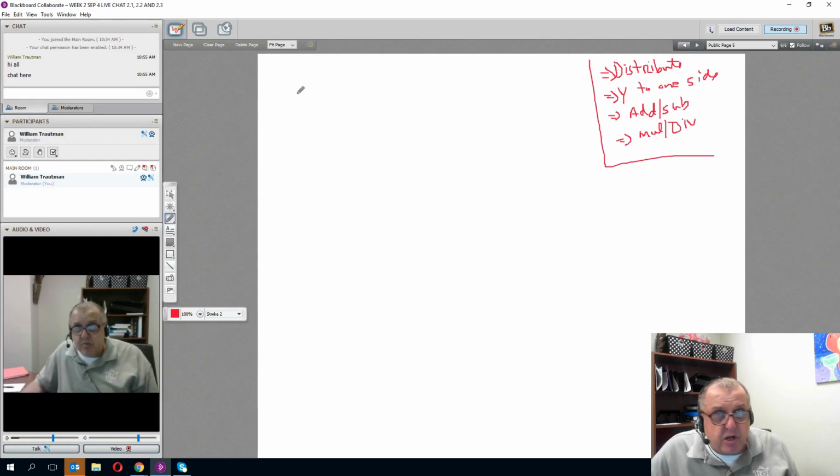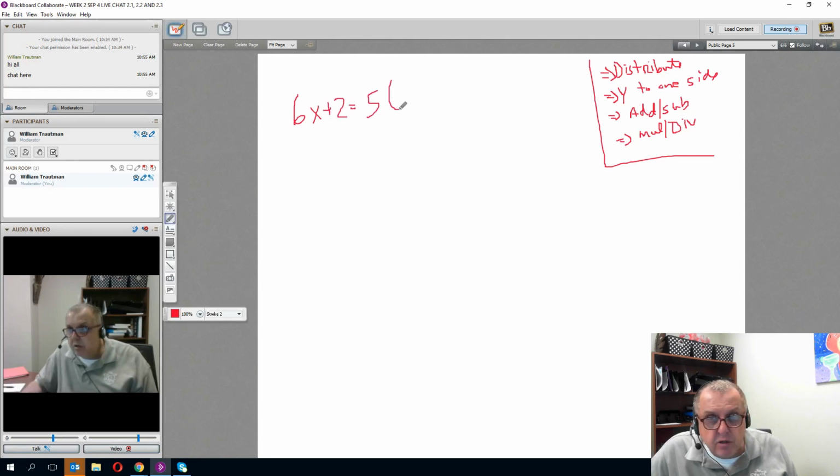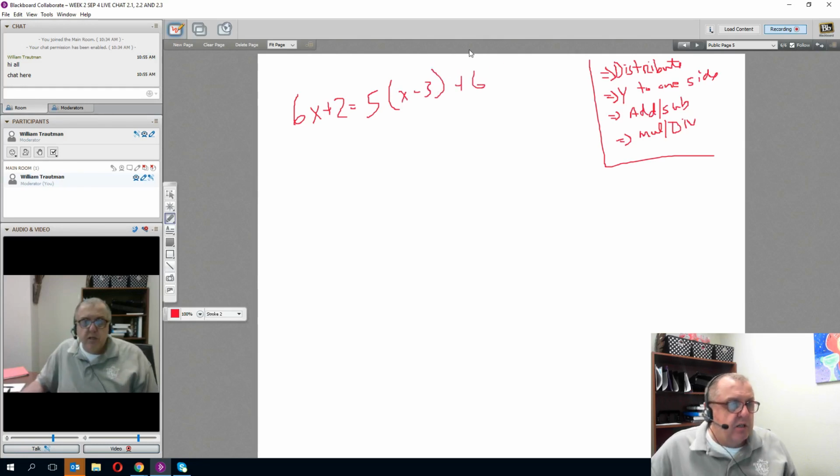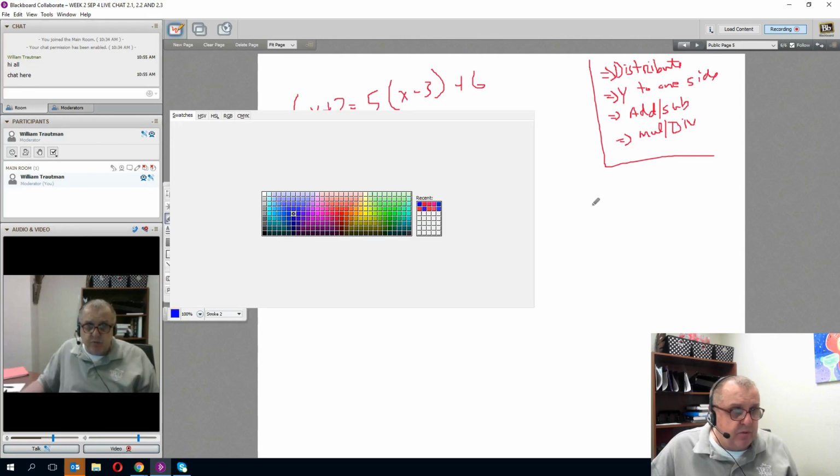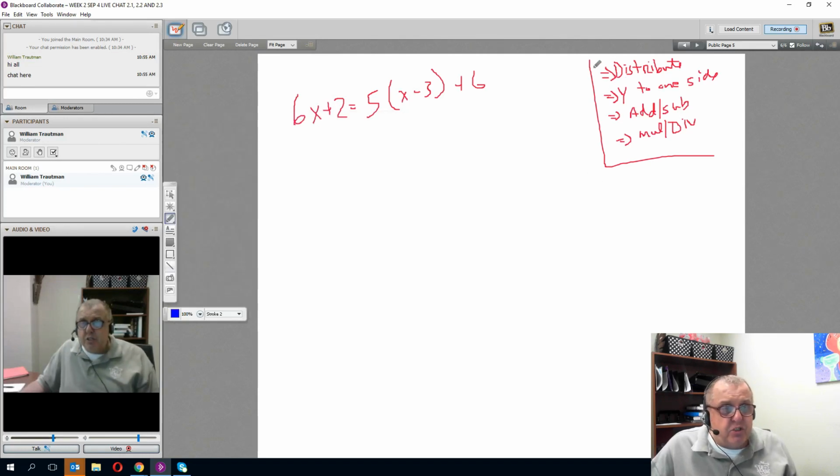Here's the last problem on 2.1. So we're going to try to use all the steps that we can. First step is distribute. If we have a number outside of a parentheses multiplying, there's an invisible multiply here.